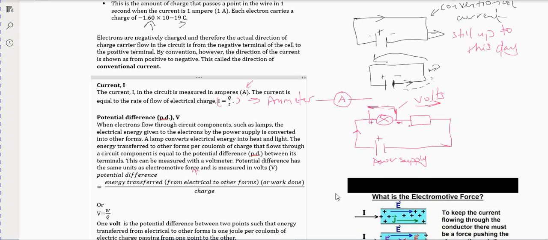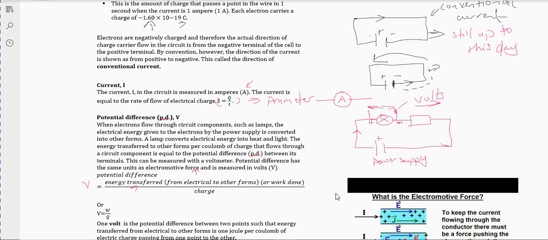By the way, before we go there, this right here is the equation that we would use to find the volt. Now we know that the symbol for volt is V, and we're saying that the energy transferred from electrical to other forms, divided by the charge, gives us the volt. Or we can say the work done by the charge.